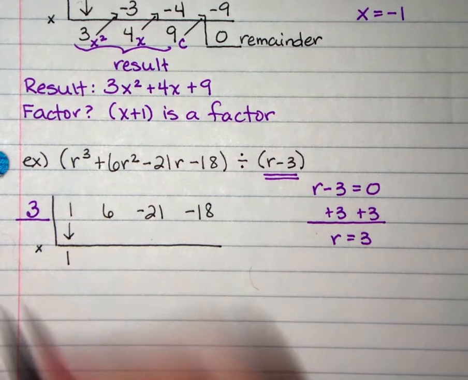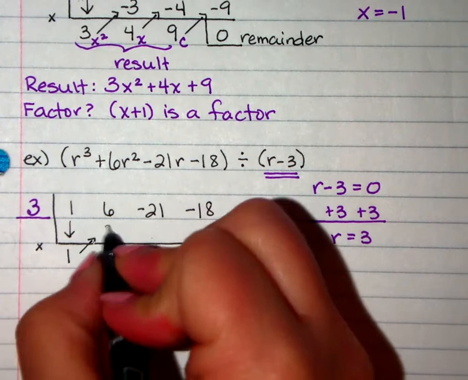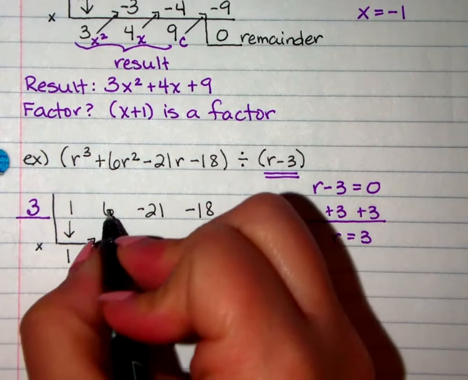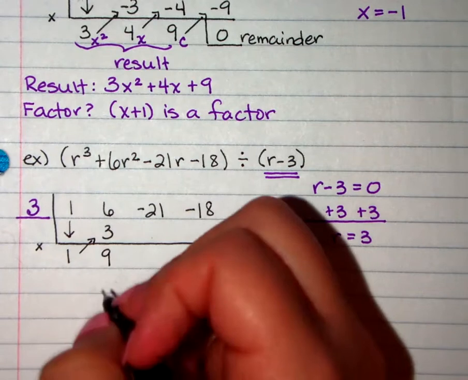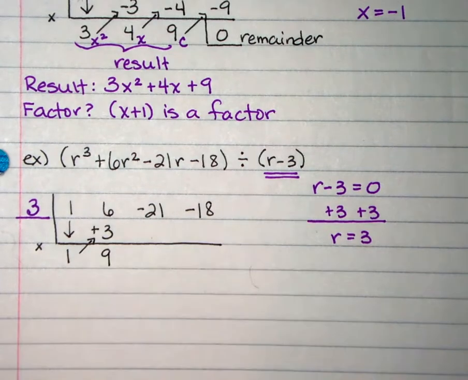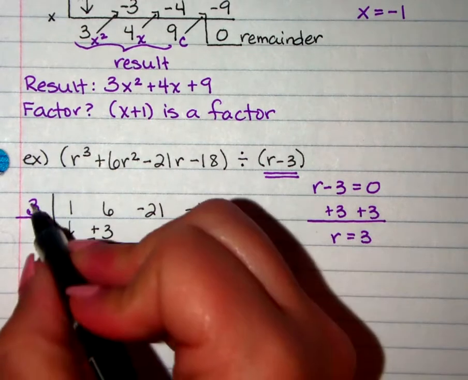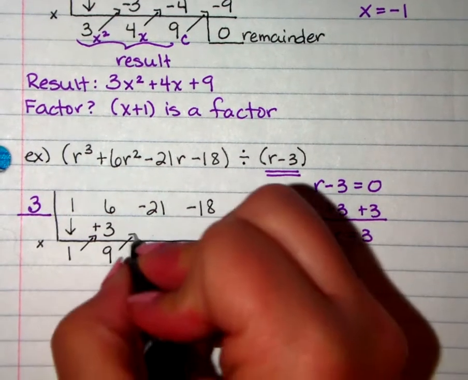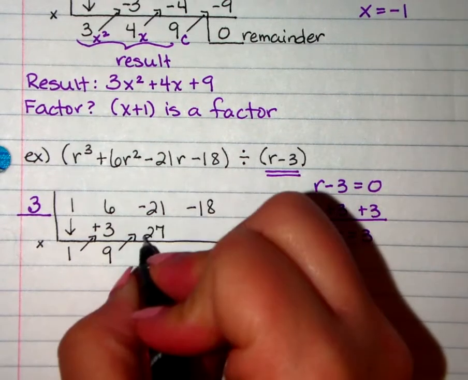If you want to, you can put a little plus sign here to remind yourself that you're adding. 3 times 9 is 27. When I add those two together, I end up with a positive 6. 3 times 6 is a positive 18. And when I add those down, I'm going to write that that is my remainder.